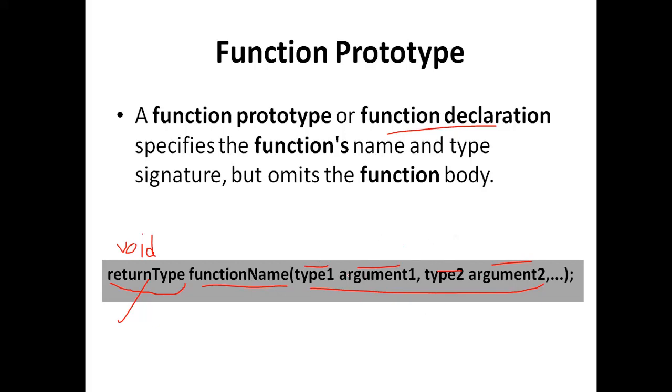Here you can omit the argument names, but the data type you have to specify. Say for example you want to pass two integers to this function, you can say int comma int. At the end, the semicolon is very important. This is function declaration, the first element of functions.